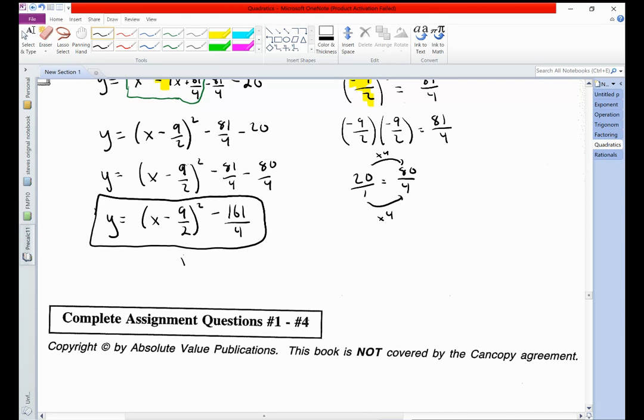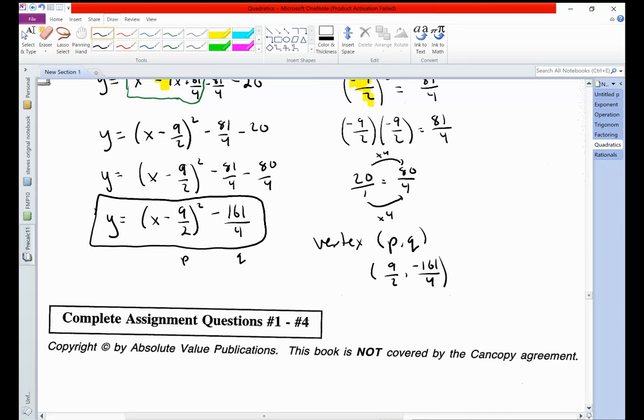We know that this is our p-value and this is our q-value, and we know our vertex can be written as pq. So that means it's going to be 9 over 2, not a negative, 9 over 2 and negative 161 over 4.